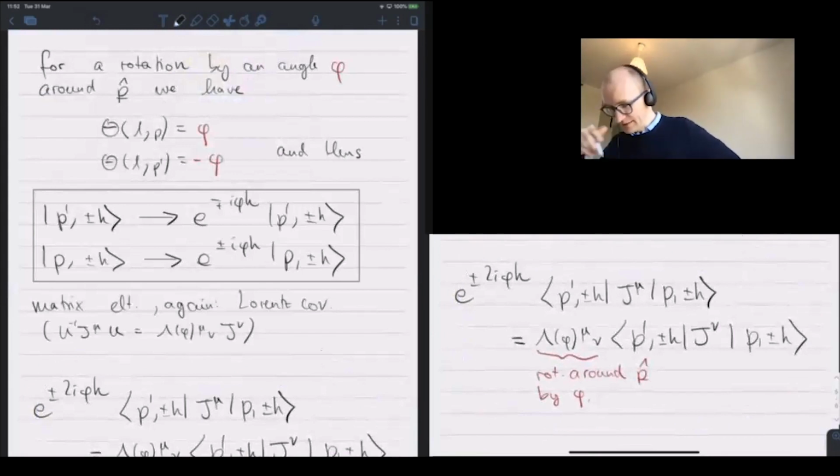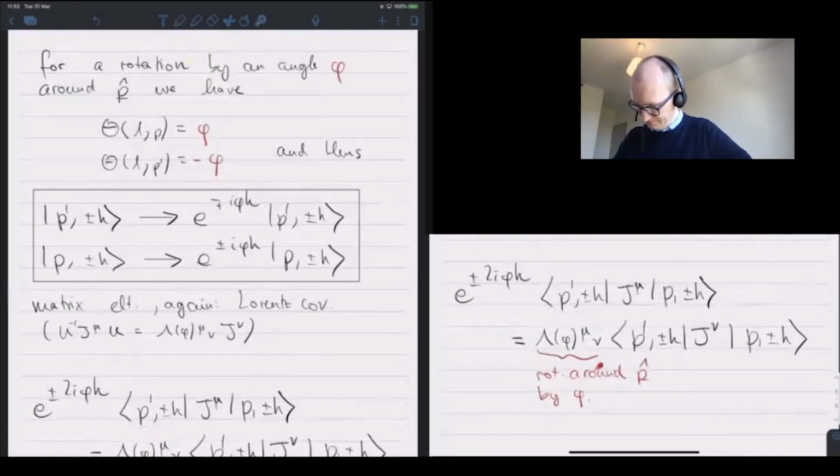But now what it is, it's basically an eigenvalue equation, right? What this is saying is that the matrix lambda acting on the vector, this is a vector index nu, is equal to the vector with the potential eigenvalues, which are governed by the sign here, but they're also governed by the helicity. And so now we can actually see if we can solve that eigenvalue equation.